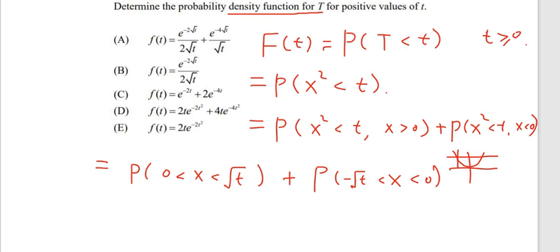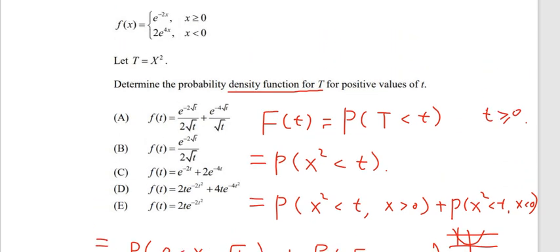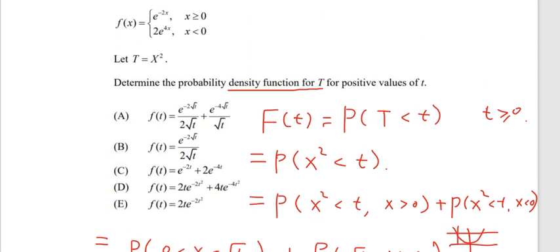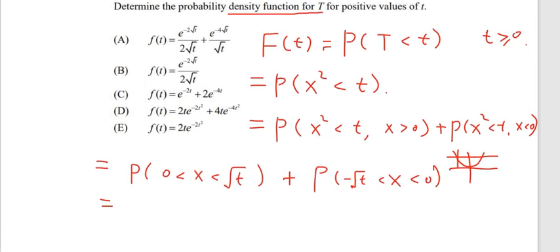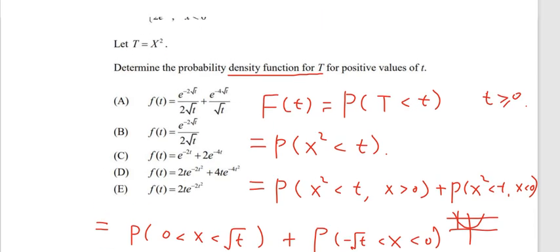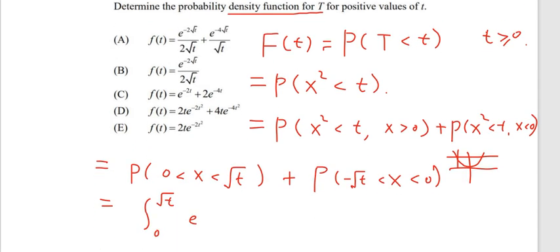So when x is positive, the function is negative 2x. So this probability equals the integral from 0 to t of e to the negative 2x dx.